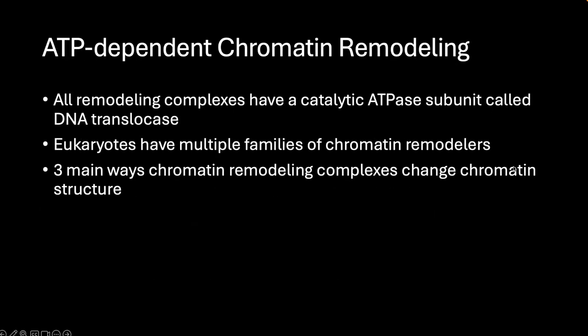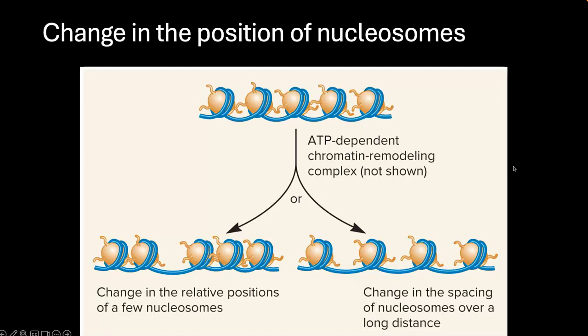A main player in this process is DNA translocase that helps change the conformation of the chromatin. But there are also many additional families of chromatin remodelers that we will sadly need to leave for a different discussion. In our cells, there are three main ways chromatin remodeling complexes change chromatin structure. So let's take a look at them.